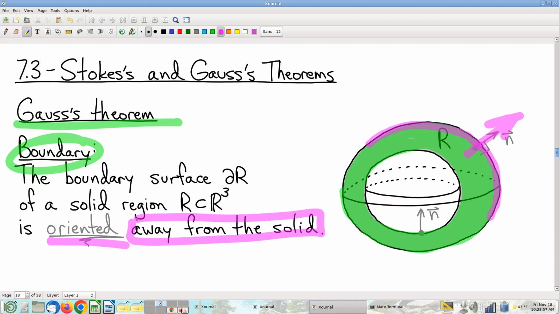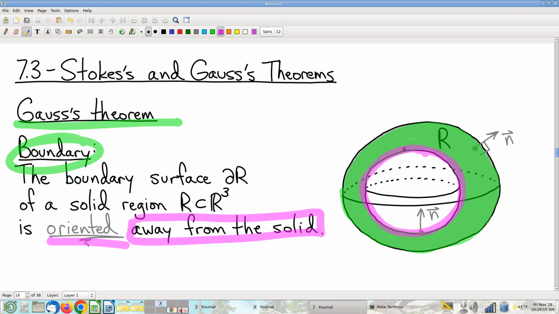Now the reason I say that outward is sloppy and dangerous and not always true is that if you think about it, there's more than just the outer piece of boundary surface. Right?